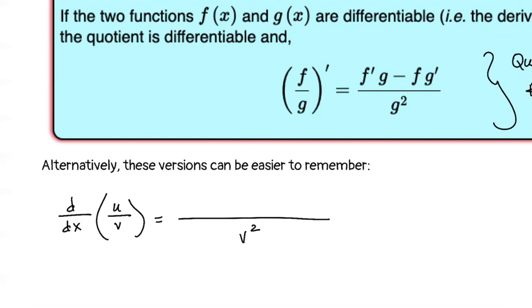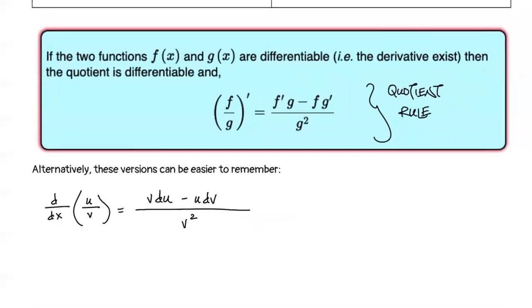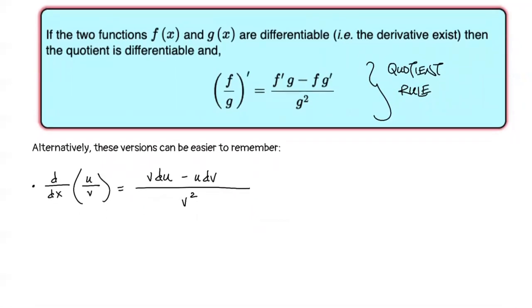Now, again, if I write du times V, it's the same thing as writing V times du. So a lot of times we just put the letter first and the derivative part second, but it depends. You'll see different styles where sometimes the derivative comes first and sometimes it comes second, but when we're multiplying, the order of that doesn't actually matter. Okay, and then minus u dv. All right, so just practicing using it with different letters is one way to make sure you know what order the rule goes in. Okay.